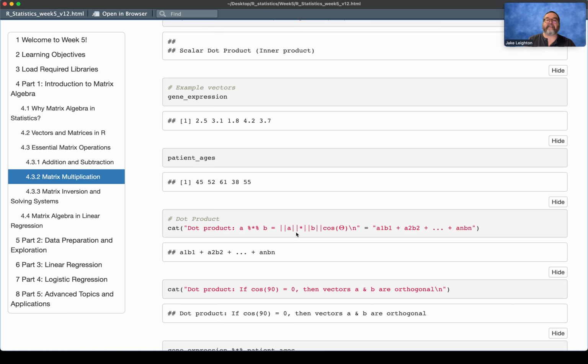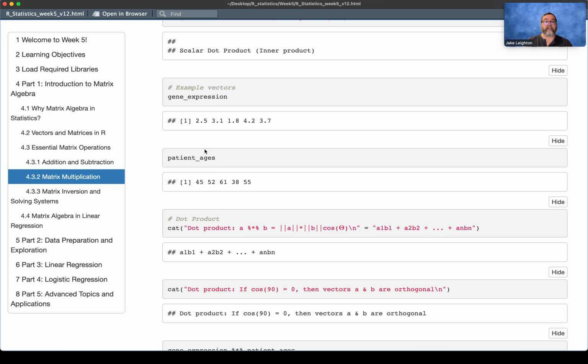That means that A and B are orthogonal, perpendicular to each other. In contrast, if the angle was 0, then the cosine of 0 is 1. They're equal to each other, and all their information is passed along the same way. It's a very interesting relationship that's used for a lot of different things, including the underpinnings of linear and logistic regression.